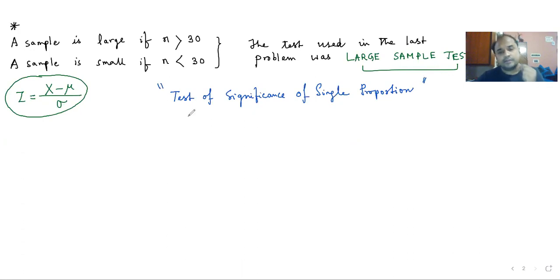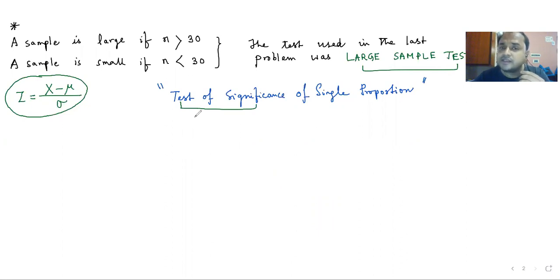This is the test that I have used. We have to understand what is the meaning of this test of significance of single proportion. Let us dissect the words term by term, and let us try to understand why it is called the test of significance of single proportion. First of all, let's talk about test of significance.